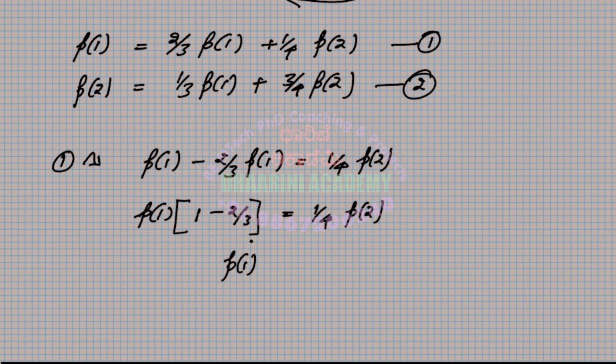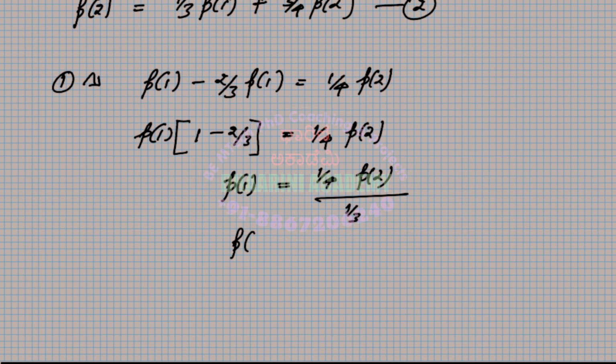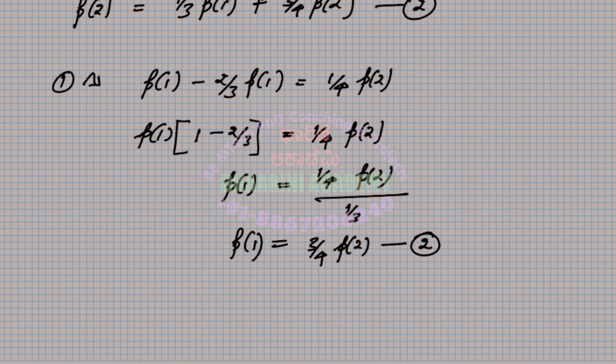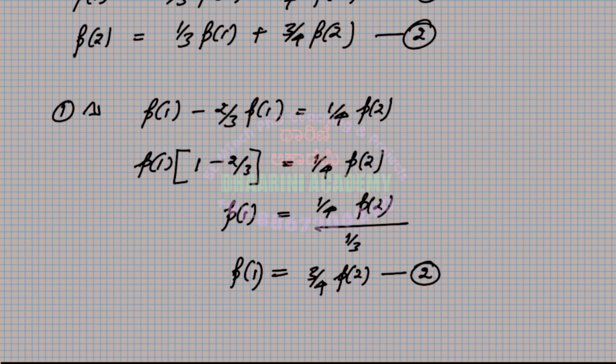So P of 1 into 1 by 3 is equal to 1 by 4 times P of 2. I'll divide that by 1 by 3, so this 3 goes to the numerator. Therefore P of 1 equals 3 by 4 times P of 2. Equation 2 is already existing, so I'll call that equation number 3.